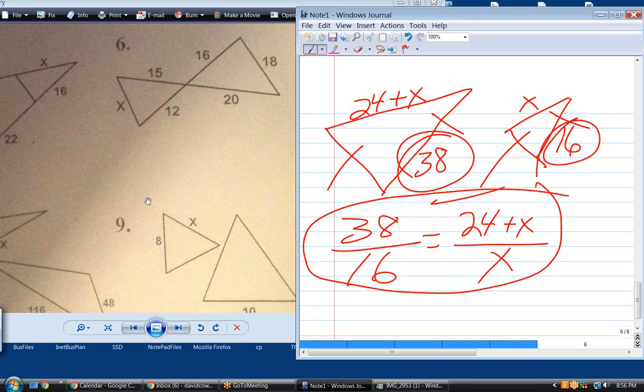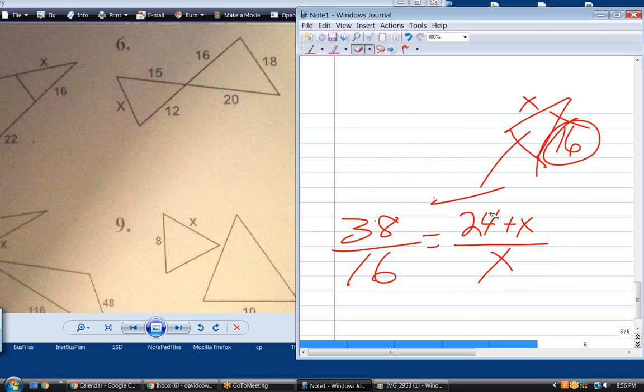We kind of have to look at the sides relationship. In this case, because I can't tell right away which angle is equal to which, let's do this one a little different.